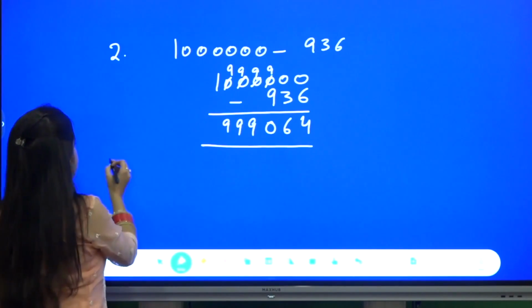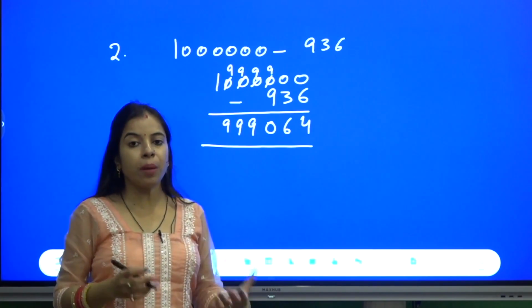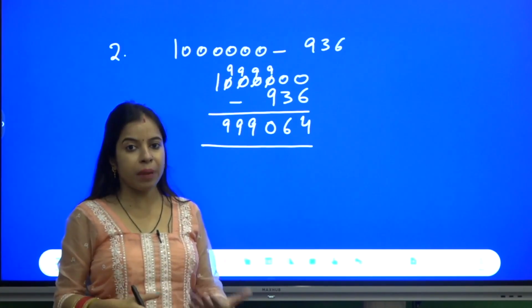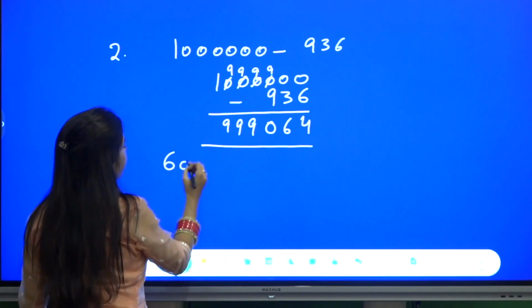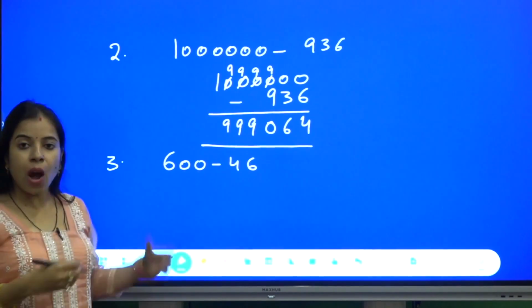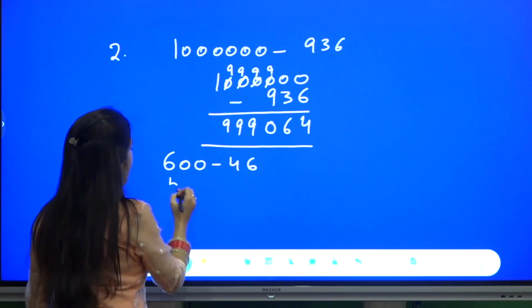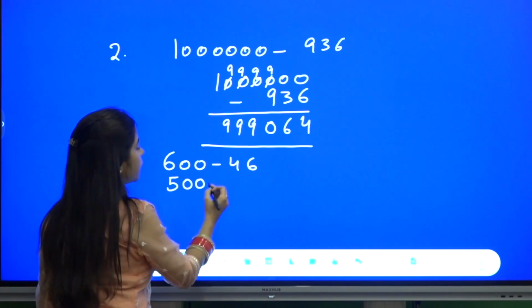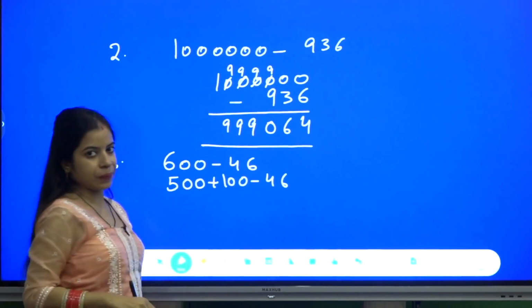Next case is, what happens if the numbers are not closer to the base? Let's say if it is 600 minus 46. Now, in such cases, we can write our 600 as 500 plus 100 minus 46.